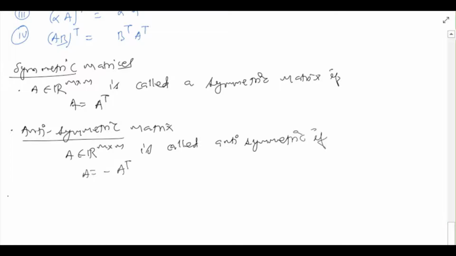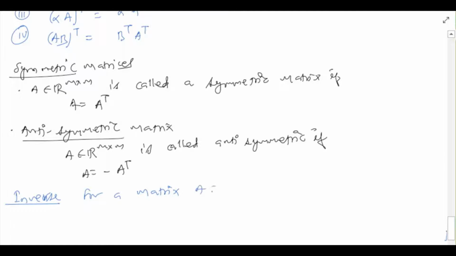Finally, let's see another very important notion in the context of matrices, and that is of inverse of a matrix. Inverses are defined only for square matrices.